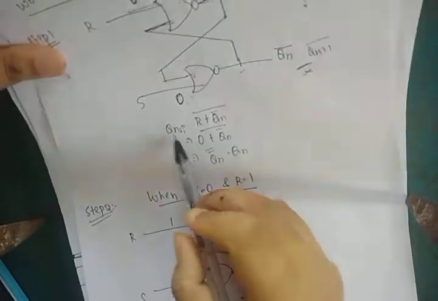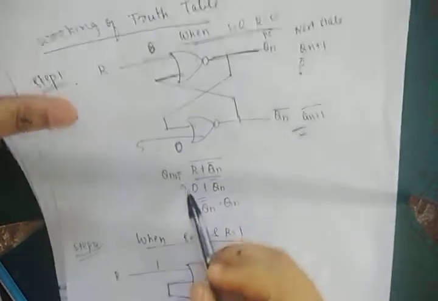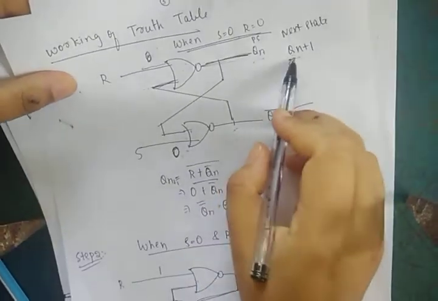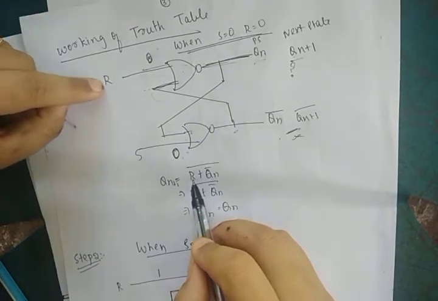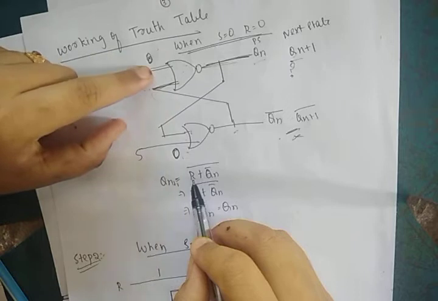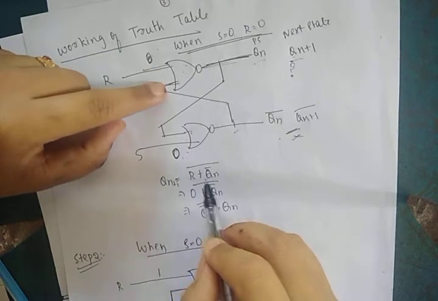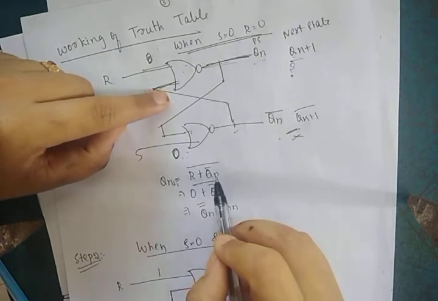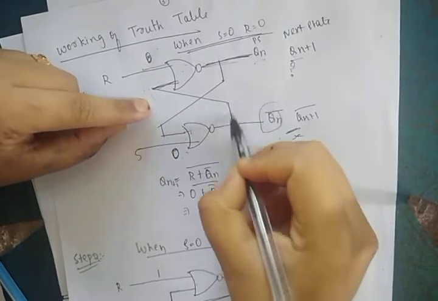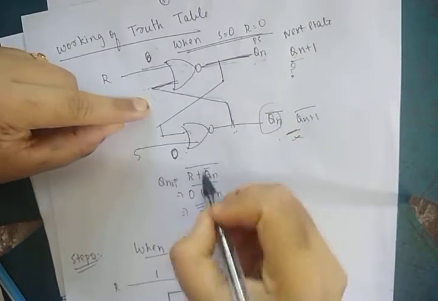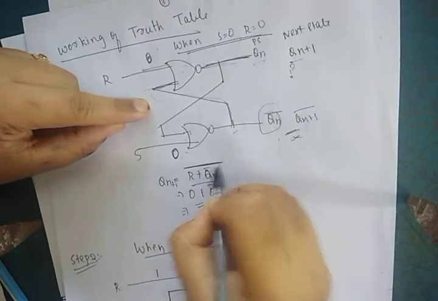So Qn plus 1, our next state, is equal to R plus Qn bar, going with this NOR gate. This is bar, the whole bar.